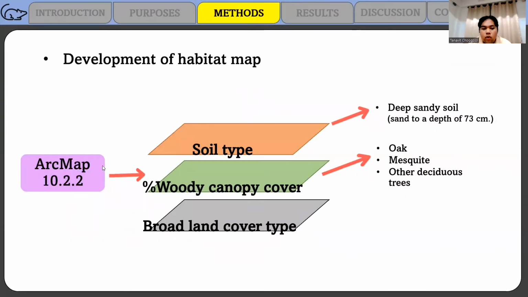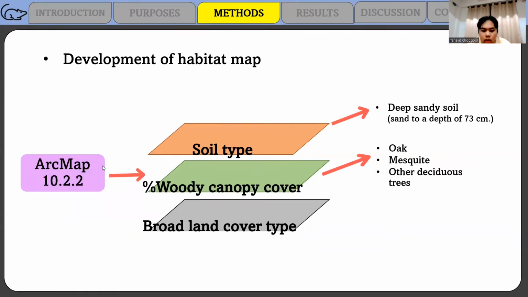Next, the development of the habitat map. For the development of the habitat map, they used ArcMap 10.2.2 to generate the habitat map, and this map comprises 3 layers, as you can see.